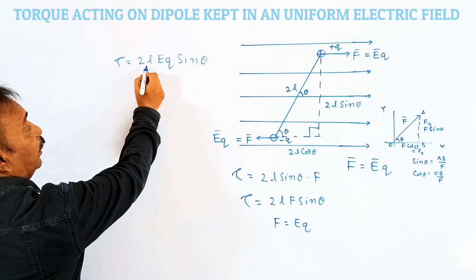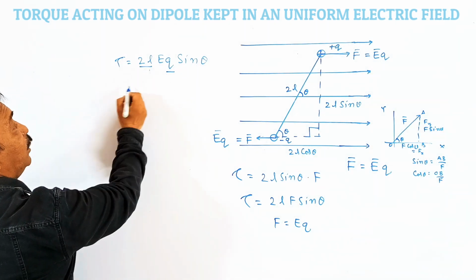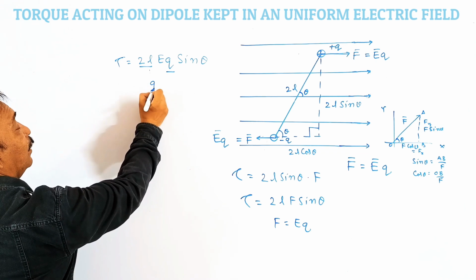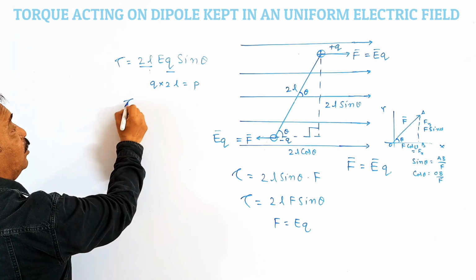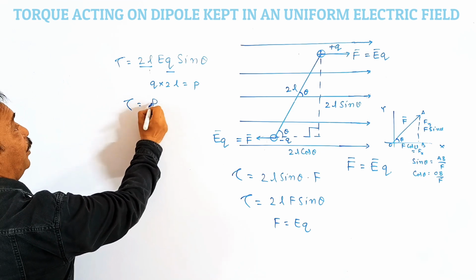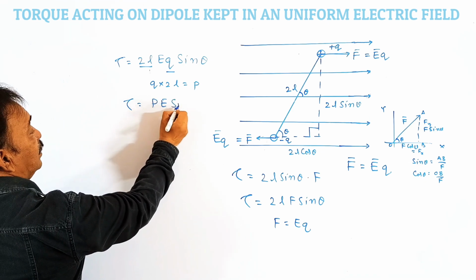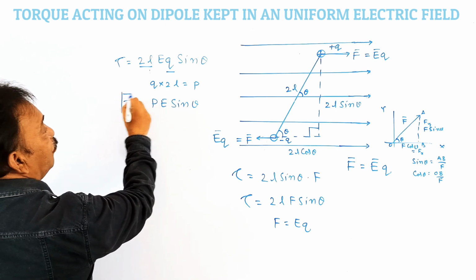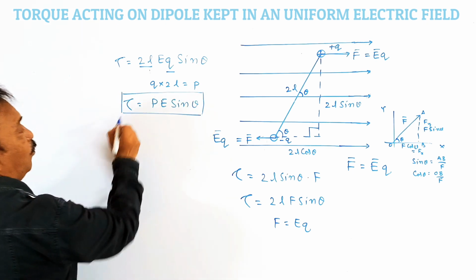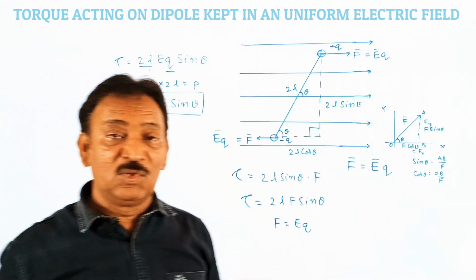And you know that Q multiplied into 2L is said as P. And torque can be written as PE sine theta. Okay, students, it is the expression for the torque.